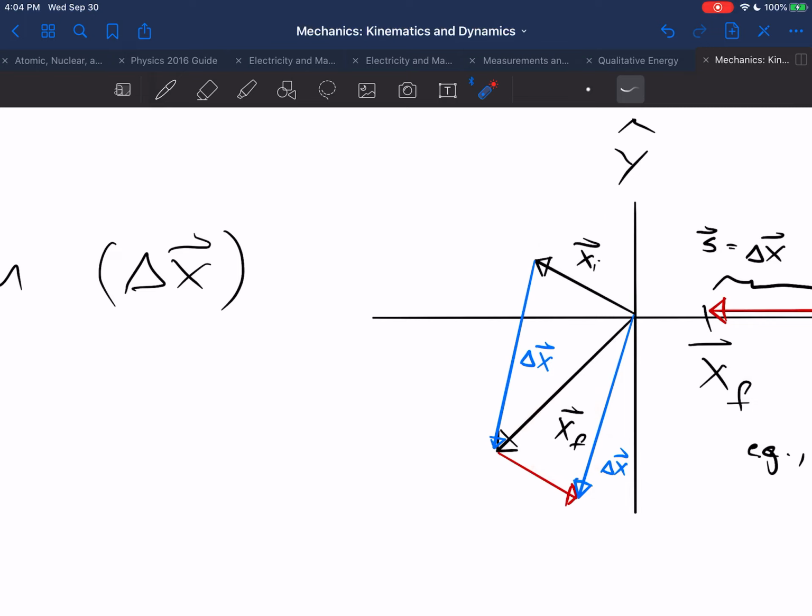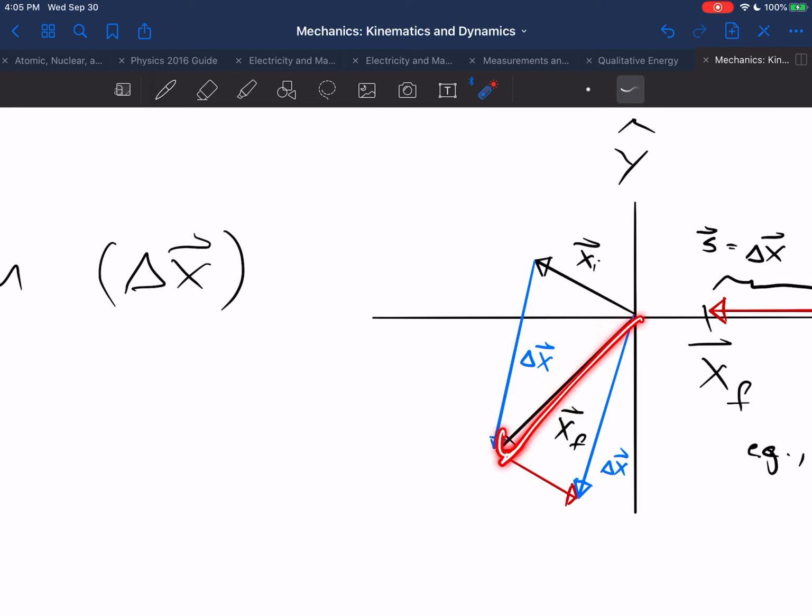A way to analyze the final position minus the initial position is to take xf and subtract the initial position, or add the negative of the initial position. So we reverse this vector, reverse its direction, and add it tip to tail to our final position here.